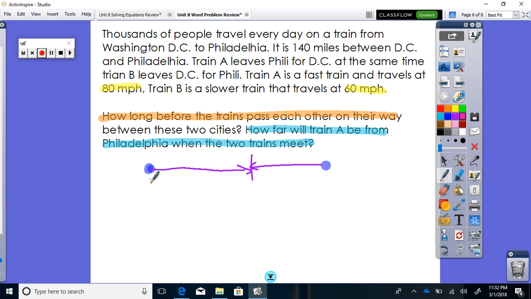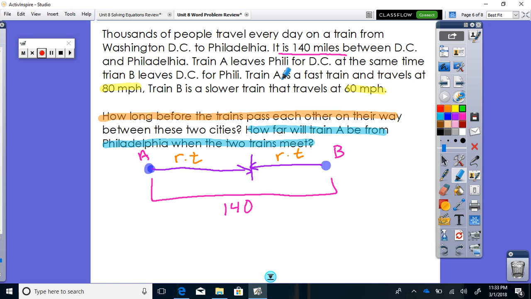This total distance from DC to Philly was given to me right here, 140 miles. Then I have train A and train B. Train A's distance is rate times time, and train B's distance is rate times time. Train A is the fast train, going 80, and train B is a little slower, going 60.